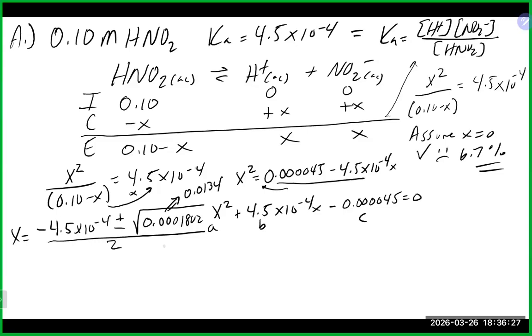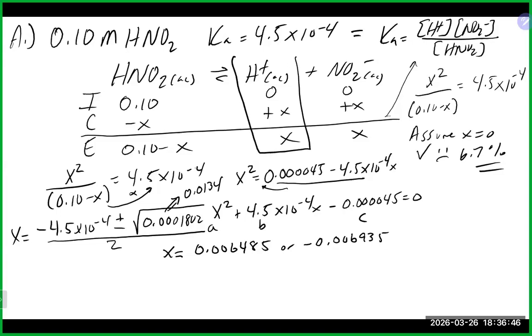That's going to yield me 2 x values here. It's going to get me an x value that is 0.006485 going the positive way, or a negative value of negative 0.006935. In this case, we could see from our ICE table that H plus equals x.